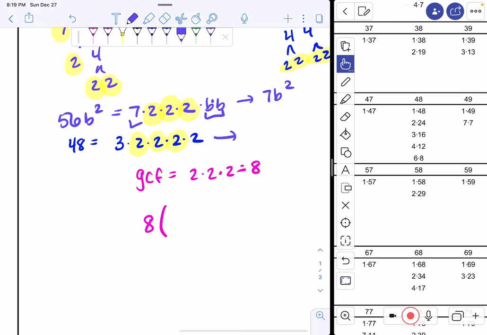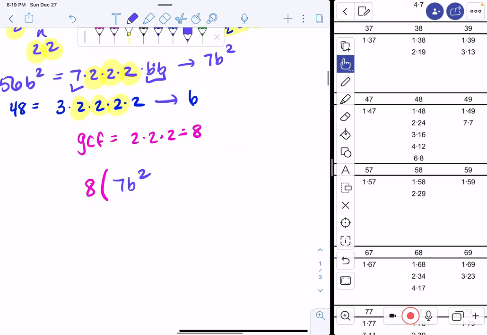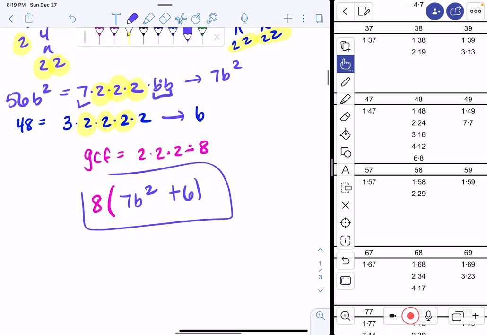And here, my leftover is going to be, let's see, 3 times 2, which is 6. So my final answer is going to be 7b squared plus 6. And that's your final answer.